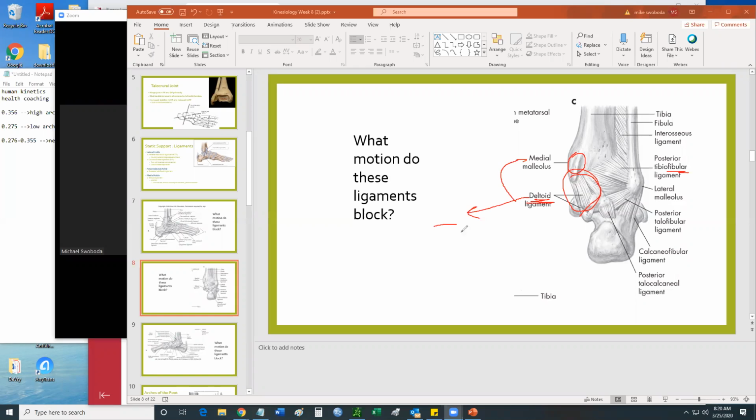So deltoid takes tibia and it connects it to a couple things. It connects it to the talus, to the calcaneus, and to the navicular. So deltoid is medial. So your deltoid ligament is your medial ankle.